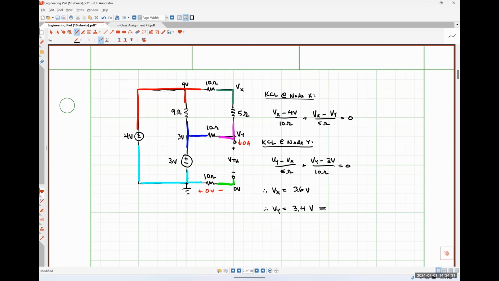Okay. Now, Vy is nothing more than my Thevenin voltage in this case, because the positive polarity terminal of VTH is at node Y, and the negative polarity terminal is effectively at ground.